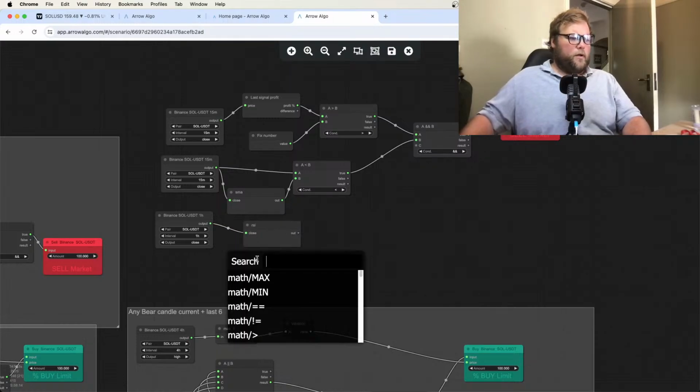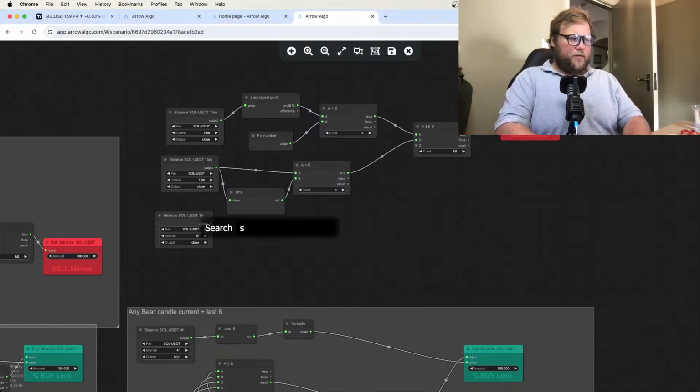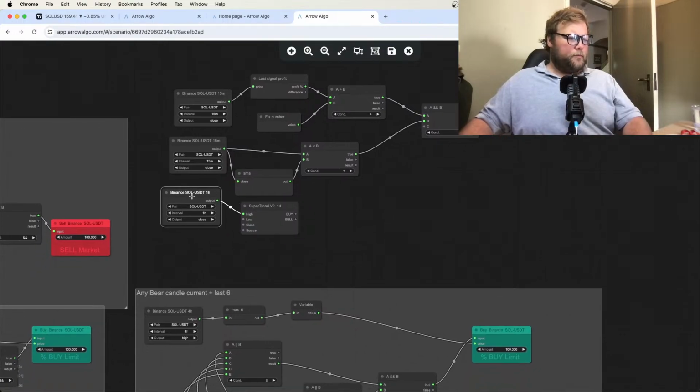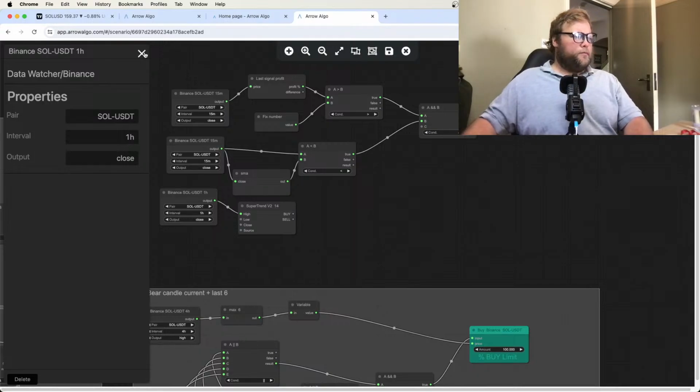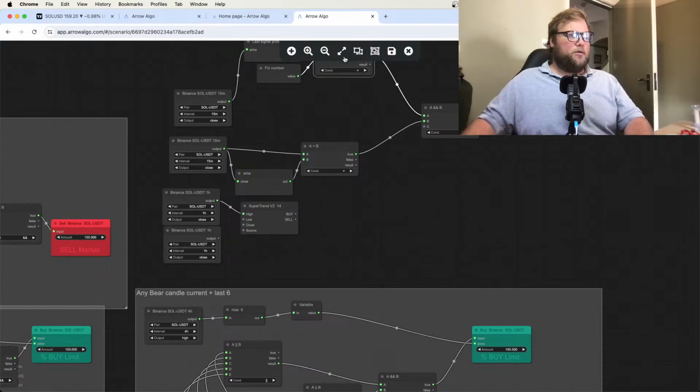So let's look for a few different conditions in here. Let's say an hourly RSI. That's not actually. Let's have a look at a super trend. If the super trend is telling us sell on the hourly chart. As I say, it's worth playing around with different indicators, different strategies. We want to try and make these stop losses as smart as possible.